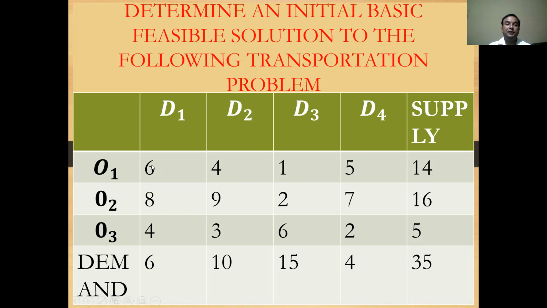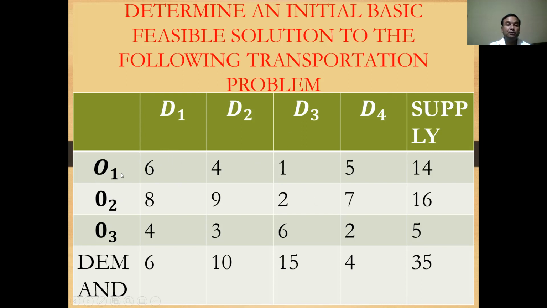And these values are the transportation cost per item to deliver it to a particular destination. D1, D2, D3, D4 are the 4 destinations, and for simplicity you can think of O1, O2, O3 as different origins, or different warehouses from which the items will be delivered to D1, D2, D3 or D4.